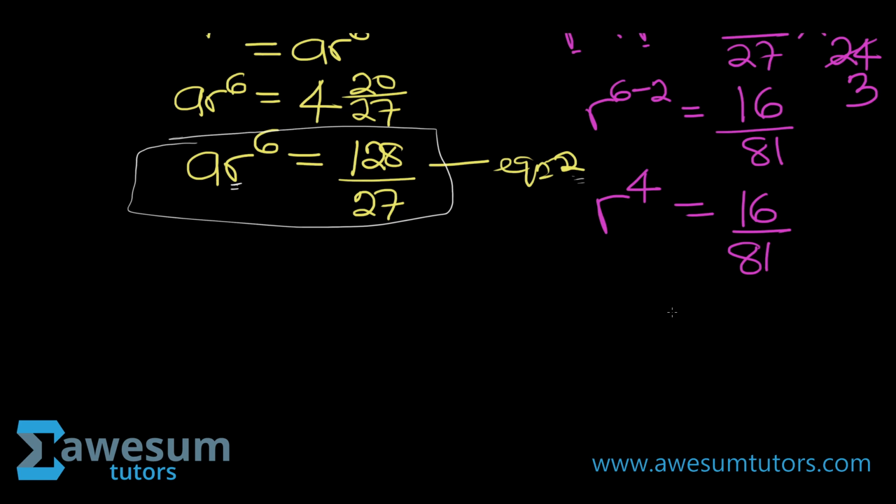Very good. Now if you have an equation like this, R raised to the power of 4, how do you take away this power of 4? This is when you find the fourth root of both sides.